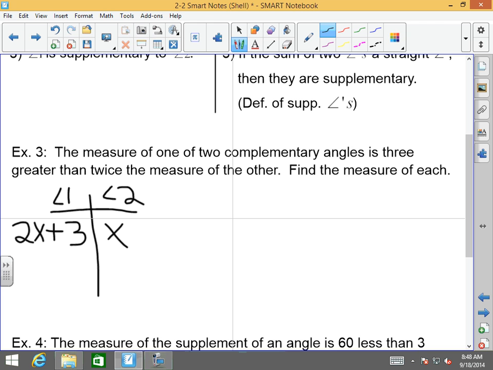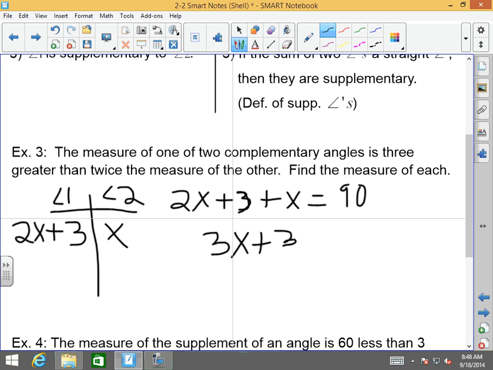If they're complementary angles, what do we know about angle 1 plus angle 2? Exactly, so 2x plus 3 plus x equals 90. So 3x plus 3 equals 90. So 3x equals 87, divided by 3.